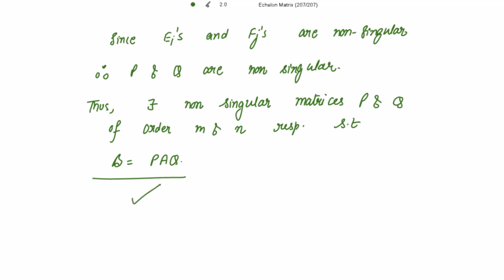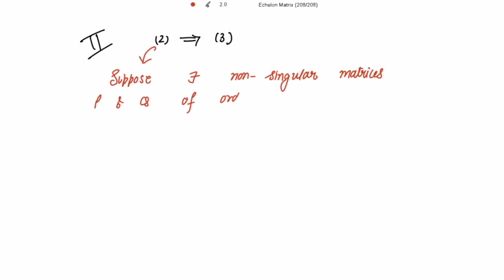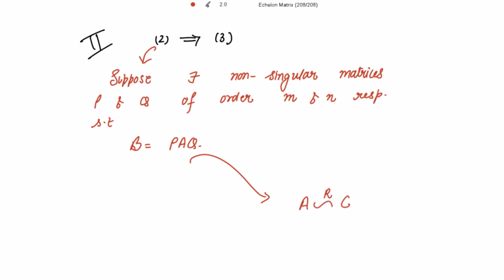Now we move on from the second part to the third part. What is given in the second part? That there exist non-singular matrices P and Q of order m and n respectively, such that B is equal to PAQ. This is given to us. We have to get that A is row equivalent to C and C is column equivalent to B. Now if B is equal to PAQ, let PA be taken as C. So let C be equal to PA.